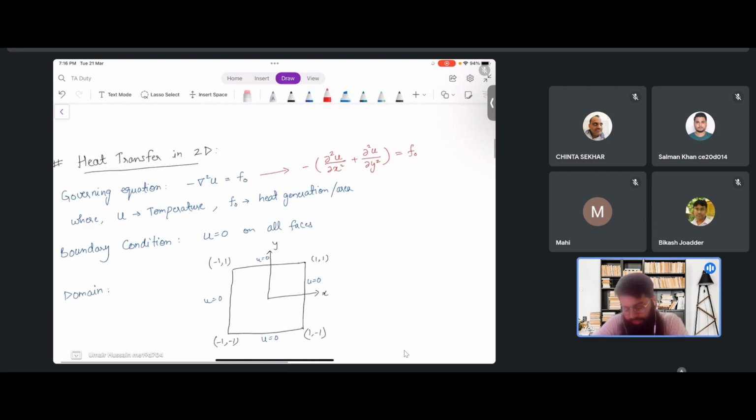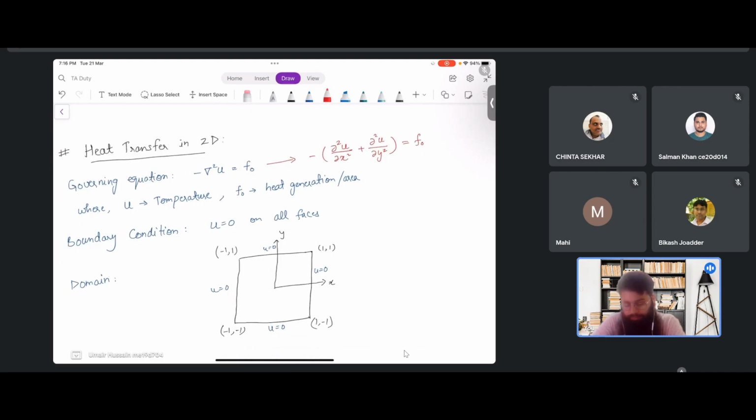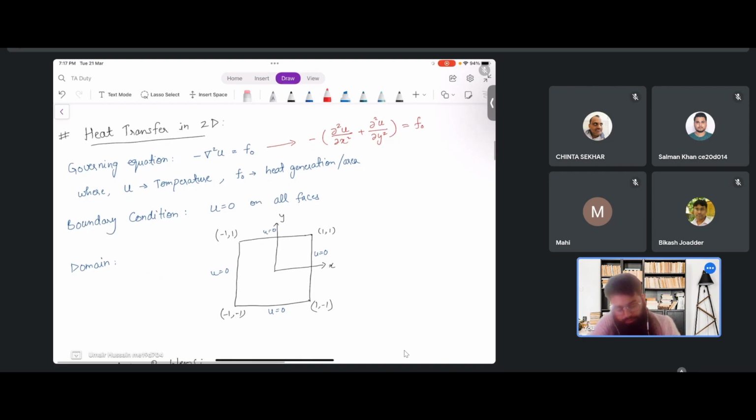Given this problem, we'll see how to solve such problems using FEM. We have a square domain whose one extreme point is at -1, -1 and another extreme point is at 1, 1. So it's a 2 cross 2 square, and at each face of the square a zero temperature is given. That's the boundary condition.